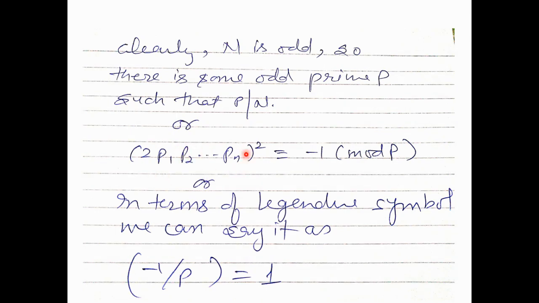Or what does this mean? We can say in terms of Legendre symbol that minus 1 upon p is 1, because if I say x square is congruent to a modulo p, then this number 2 p1 p2 pn is the value of x. That means this Legendre symbol minus 1 upon p has a value 1.